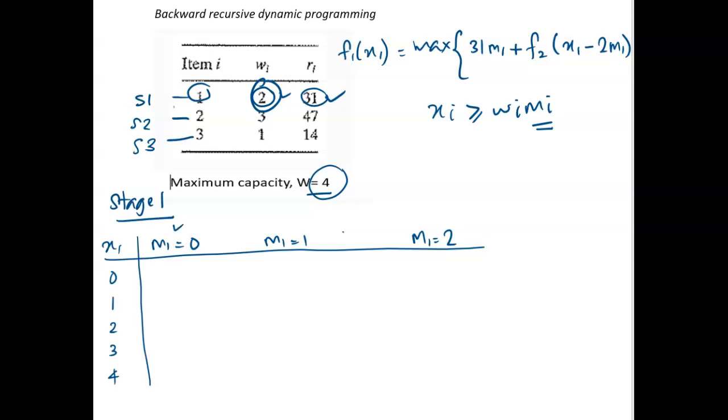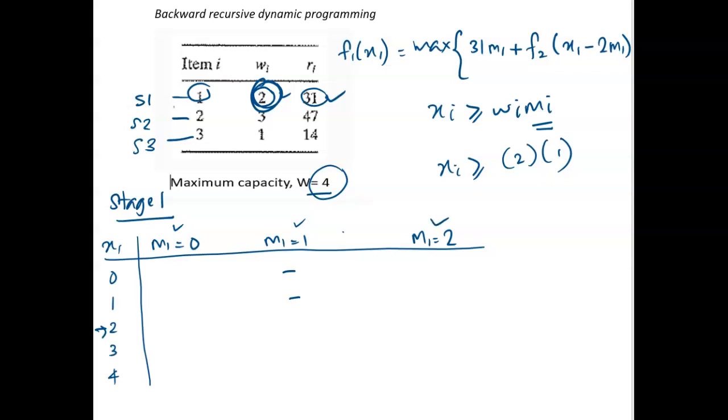But when m1 equals 1 and the weight is 2, it will be 2 times 1, so your x should be greater than or equal to 2. So there is no value for x equals 0 and x equals 1. We will start our iteration when x1 equals 2.